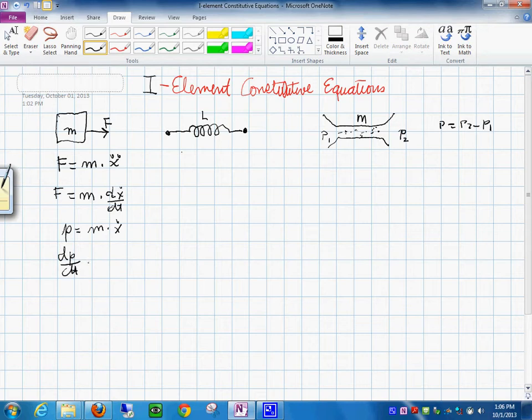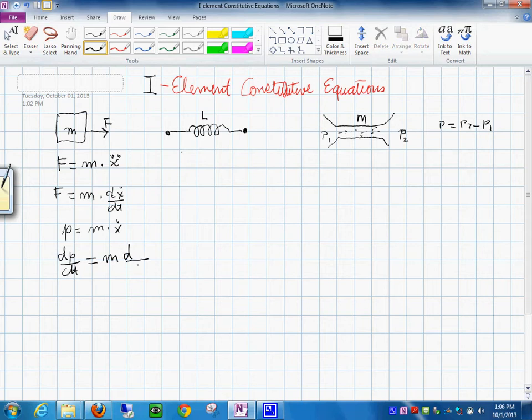The rate of change of momentum is equal to m times d of x dot dt. Let's clean it up in here.